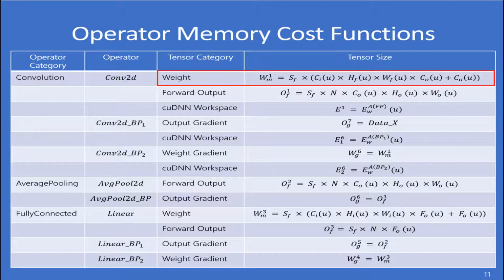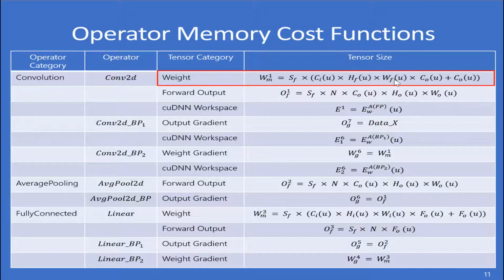Let's select one tensor, for example, to introduce how its size can be estimated. SF represents the precision format of the data type, such as float32. CI represents the input tensor channel. HF represents the filter height.